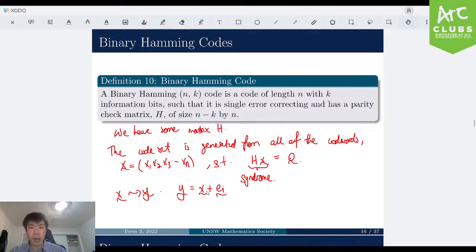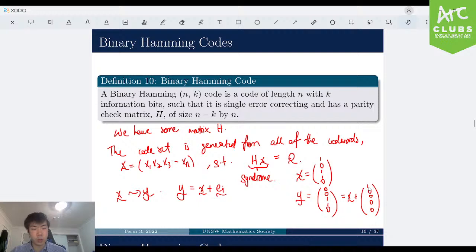For example, let's say our X code is 10110, and let's say Y ends up being the corrupted code 00110. Then we could have expressed Y as being equal to X plus 10000, right? Because in modulo 2, 1 plus 1 gives us 2, and 2 mod 2 is 0. That's why we got the 0 up here.